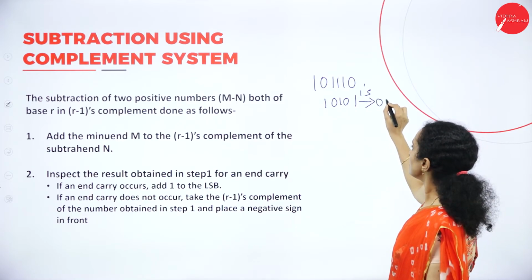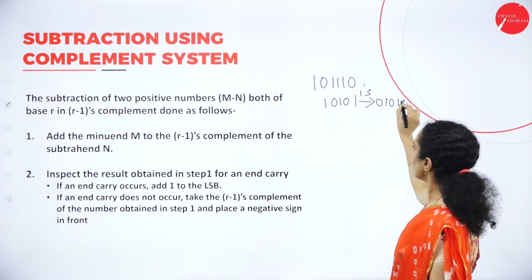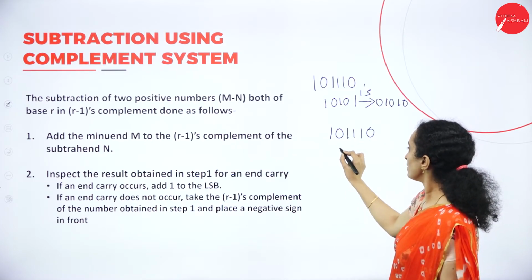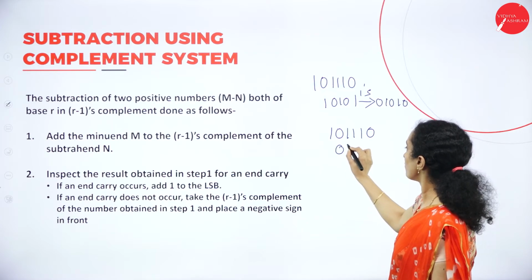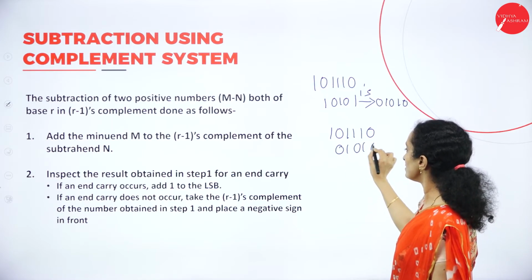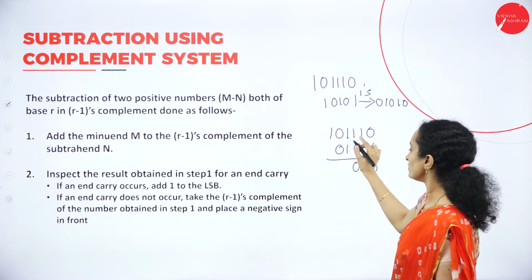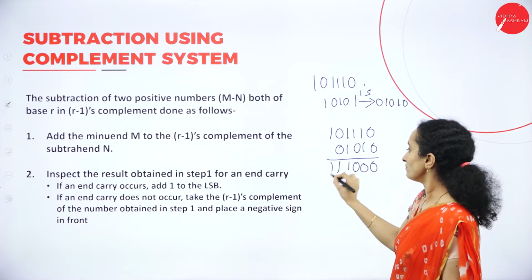This will be 01010. Add this to the minuend. So, it will be 01010. So, there will be 0 110 110 1 1.